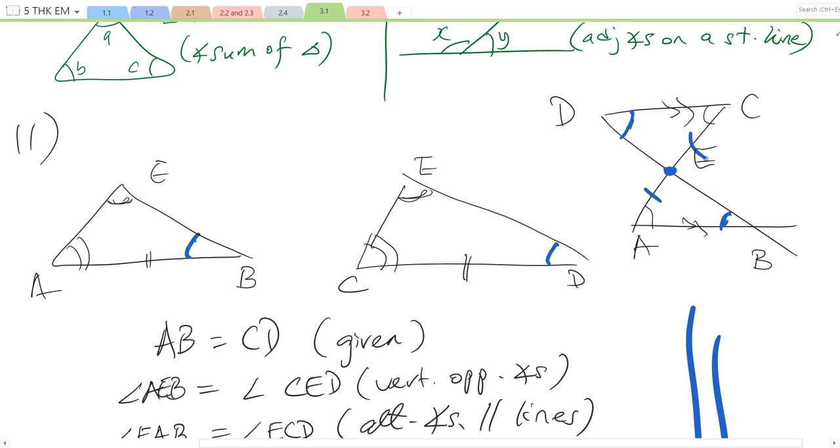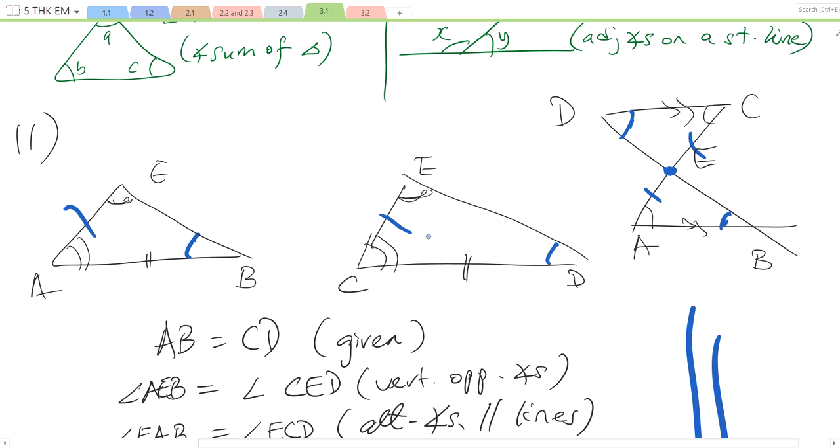Let's go back to our triangles that we drew. AE is over here. CE is over here. Are they the same length? Did the question say that they are the same? No, they did not. So can you prove that they are the same? Yes or no? Can. How?